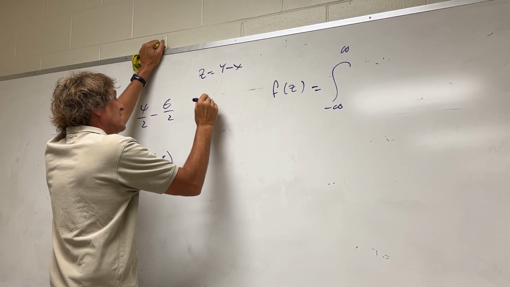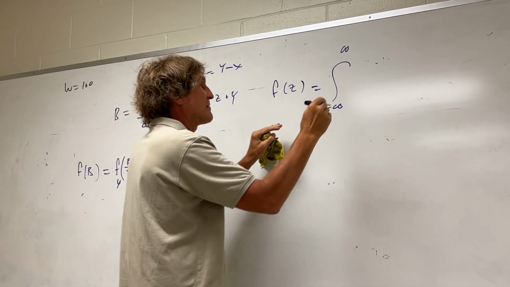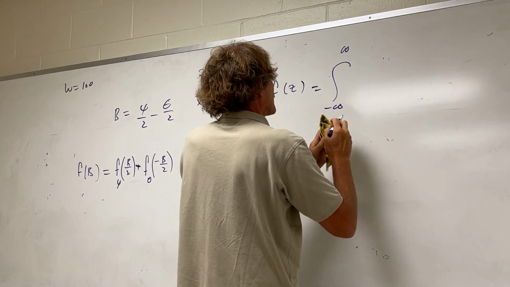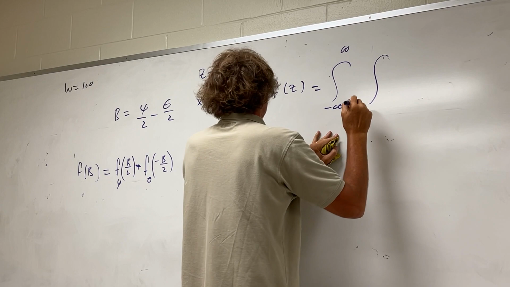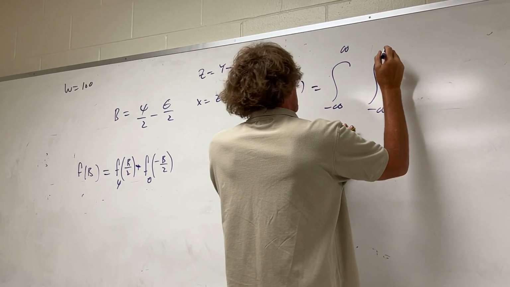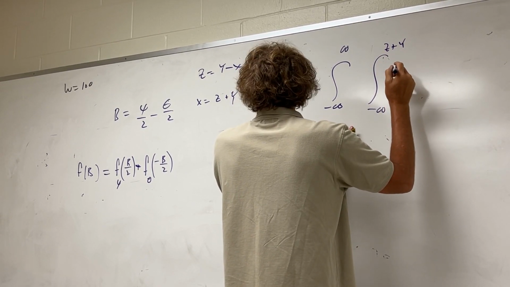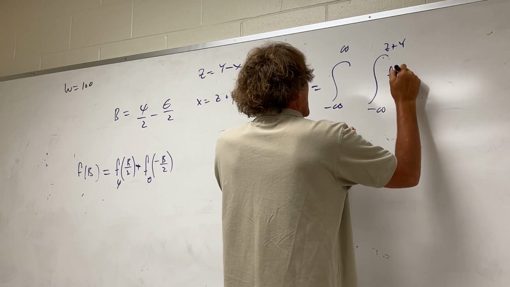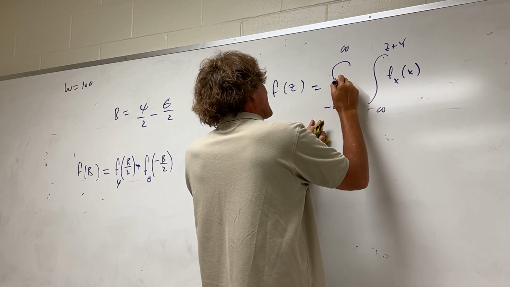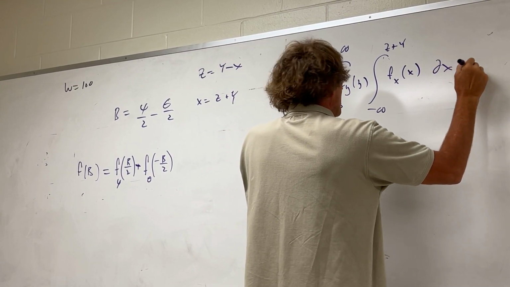So x would be equal to z plus y. And then you would have an integration from minus infinity to x equals z plus y. And this would be f of x, and then over here, you're going to have f of y, and this is dx dy.